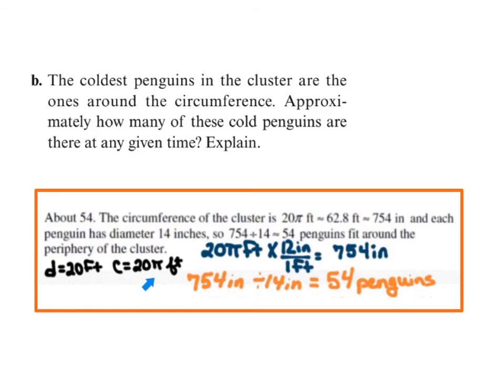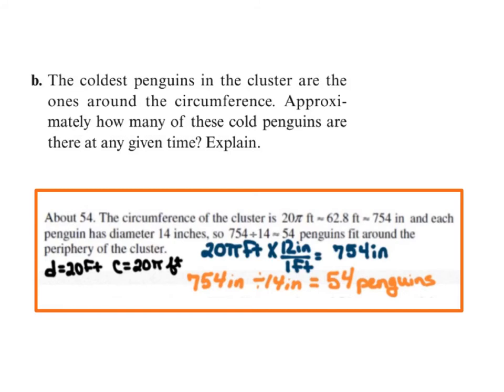So the circumference of the large group is 20 pi feet. So I need to convert that to inches so that I can figure out how many are on the outside. So 20 pi feet times 12 inches in 1 foot gives me 754 inches. So the circumference around the outer group of penguins is 754 inches.